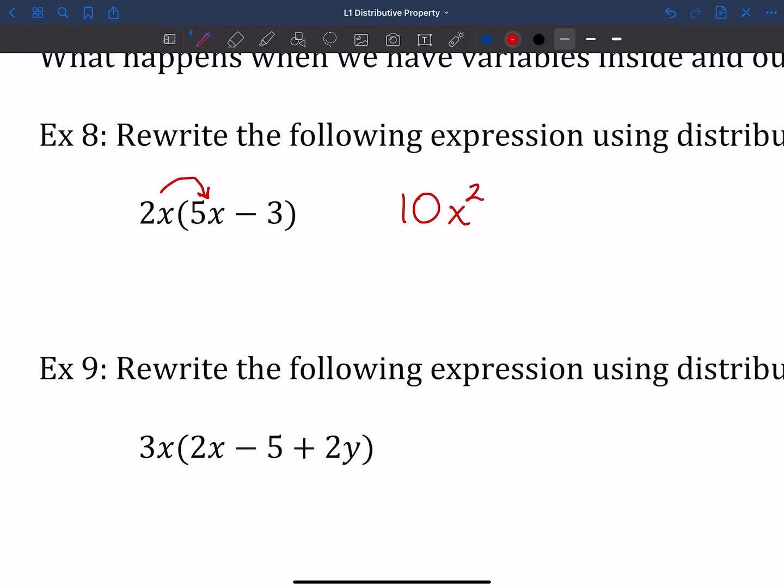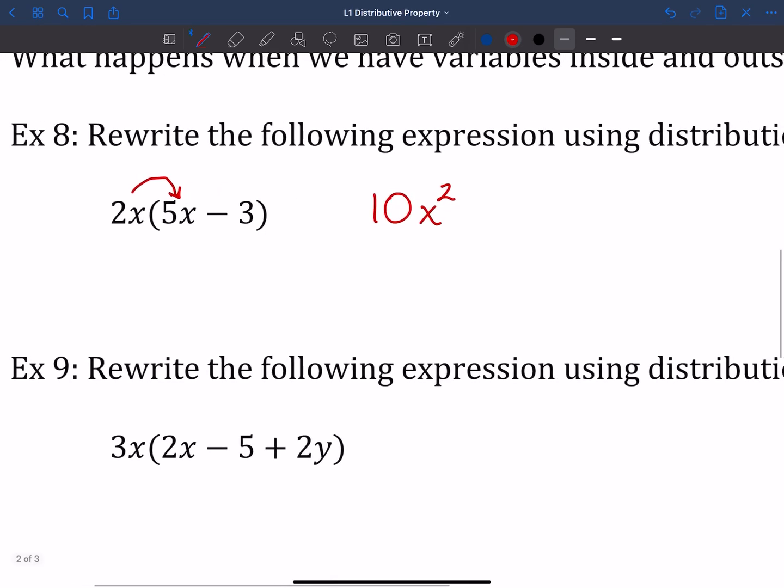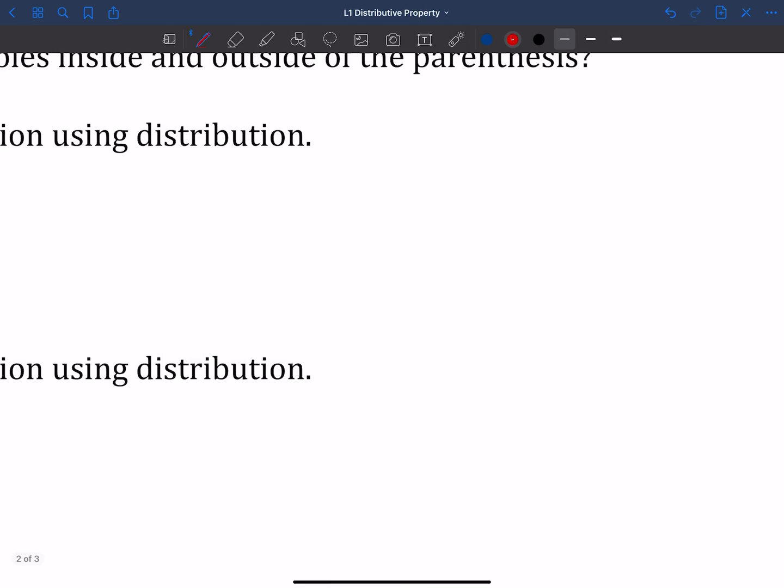A brief little thing to the side. I am going to come back to this problem in just a moment. When you have variables, if I have x times x, that does give me x squared. Some of you might be thinking, why isn't it 2x? Well, that's what you get when you do x plus x. So when you're multiplying things together, we've got x times x.